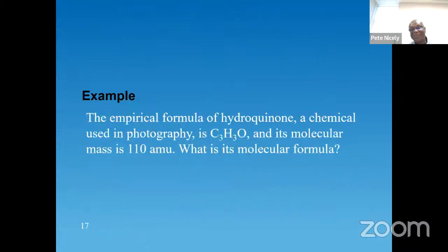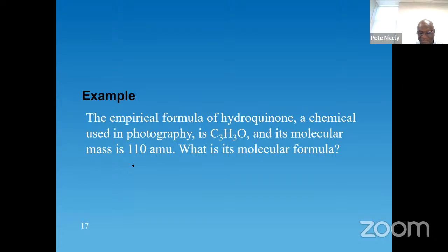So here's an example of this type of problem. It gives you the empirical formula here, and it also gives you the molecular mass, and the question is asking for the molecular formula. The way I would do this is, firstly, find out what the empirical mass is based on the empirical formula.